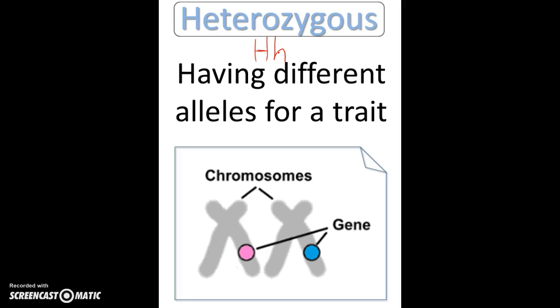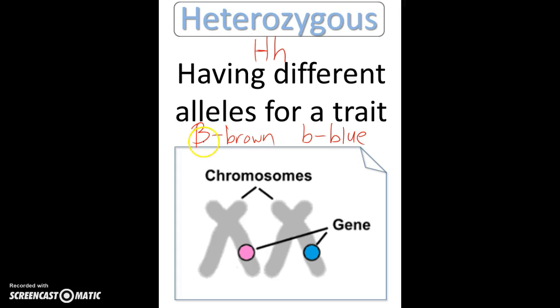Okay? So let me give you an example kind of what that means. And I'm going to write down here, and it doesn't have anything to do with what's on the screen. I just need somewhere to write really quick. So let's say we're going to do eye color. So let's do brown eyes as the dominant. So we're going to make that capital B, and we're just going to use the little letter b. And let's say blue eyes are recessive.